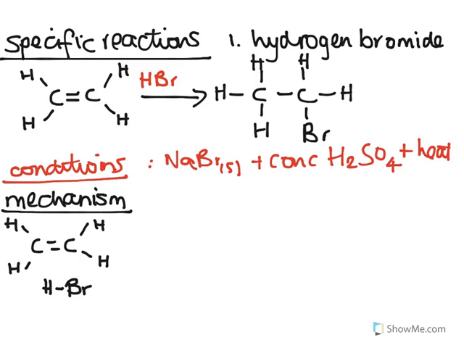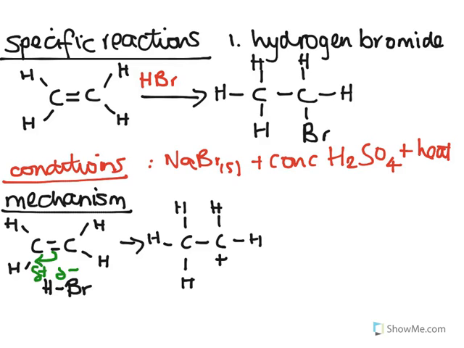If we have a look at the mechanism, hydrogen bromide is a polarized molecule, the hydrogen being the electrophilic part. So if we have the pi bond reacting here, we get our carbocation intermediate here, fill in the hydrogens, and of course as a result of this bond breaking, we end up with Br minus.